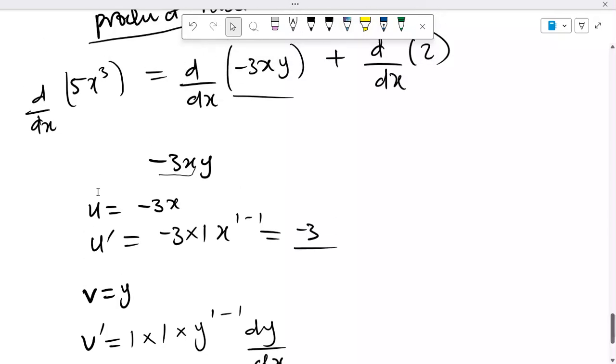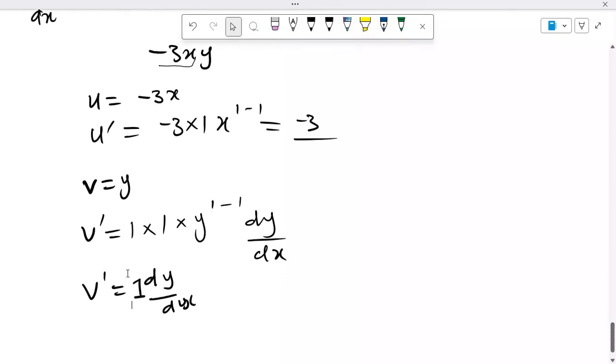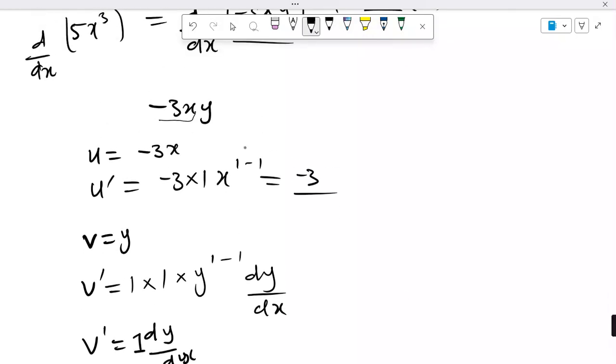Okay, so we have u prime, we have v prime. So now you apply this formula. u and v are multiplied together. If you want to find the differential of this, you say u v prime plus v u prime.